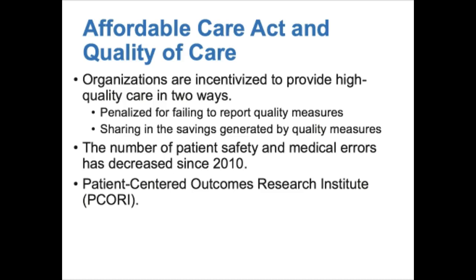Since the ACA has been implemented, the number of medical errors and patient safety concerns have decreased, and the Patient-Centered Outcomes Research Institute was established and is responsible for comparative effectiveness research, which studies health outcomes and the clinical effectiveness and appropriateness of different medical treatments. The goal of PCORI is to improve the quality and relevance of evidence available to help patients, caregivers, employers, and clinicians make more informed healthcare decisions.